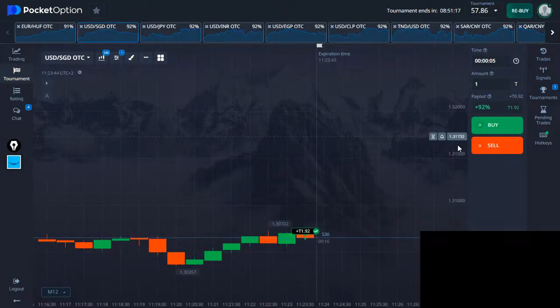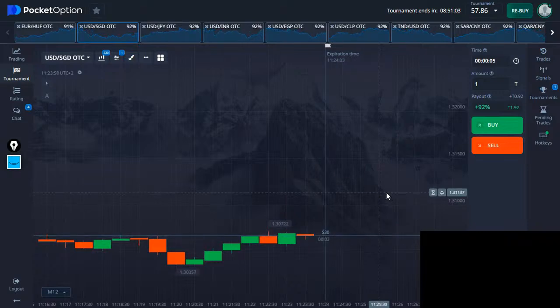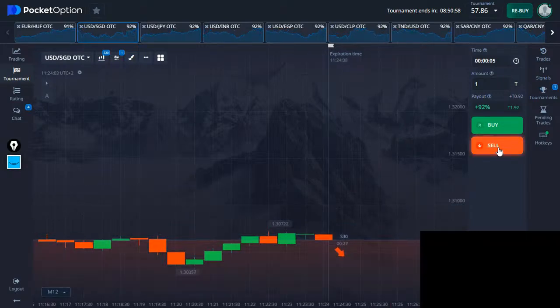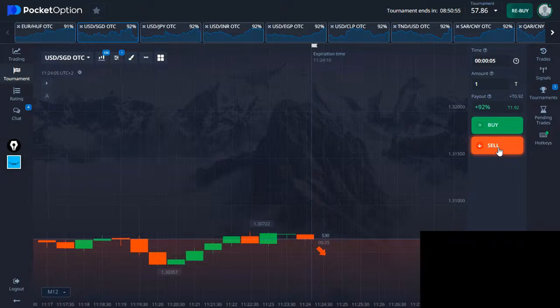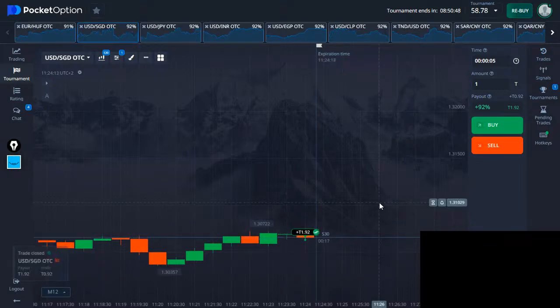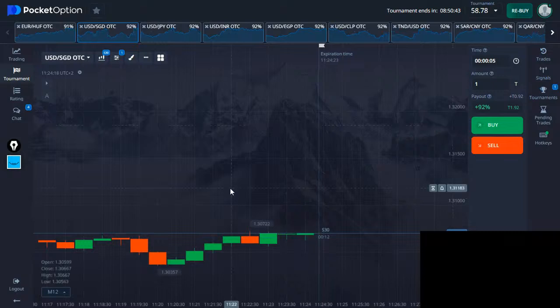Let's wait for the next bar open. Strong red. I'm completely with reds in this case. We go for a sell. Beautiful. Also, okay, so we stick to the same amount and wait for the next bar open.